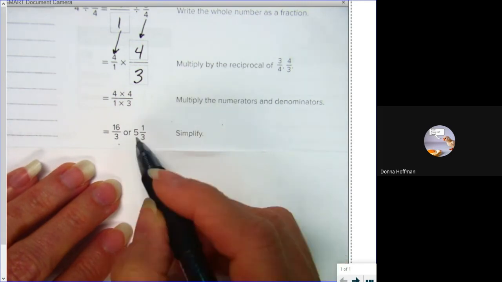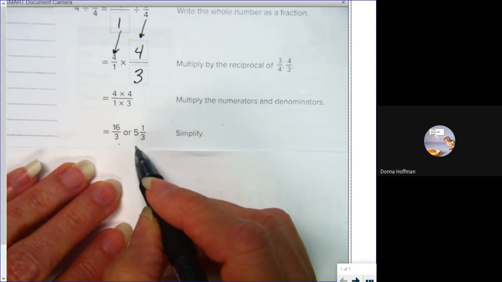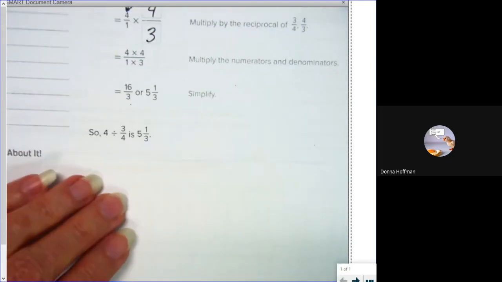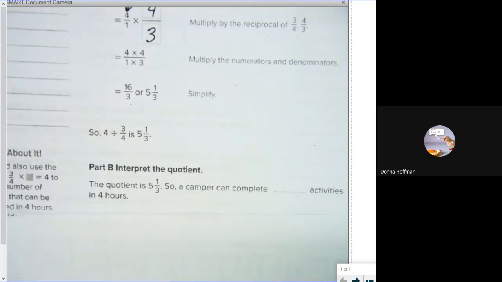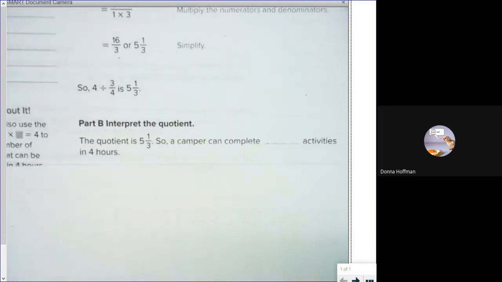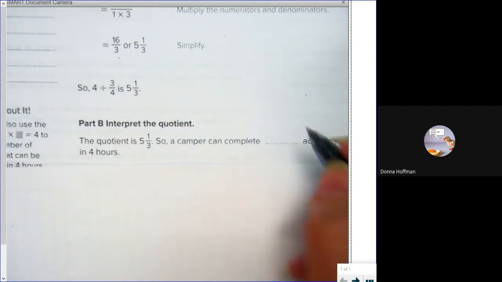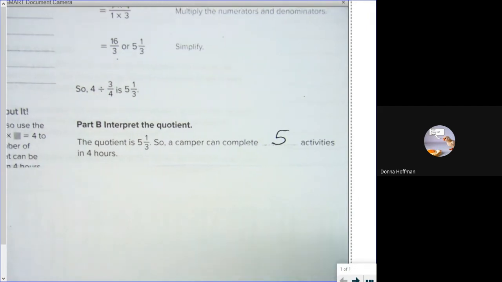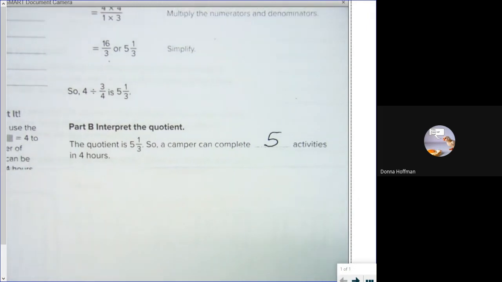So that means that you can have 5 complete activities with a little bit of time left over. Okay, so the quotient is 5 1/3. So the campers can complete 5 activities in those 4 hours. Can't do anything with that 1/3. That's not enough time.